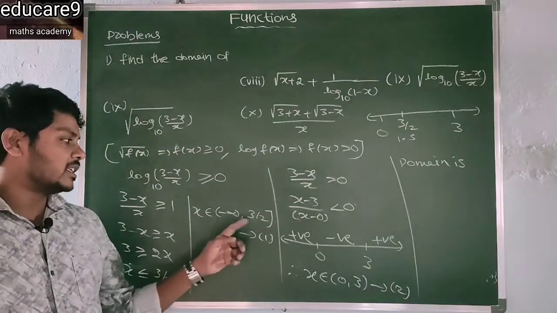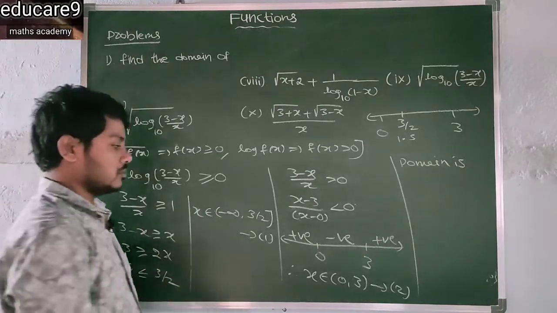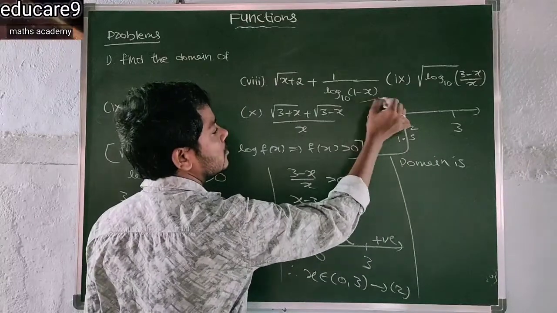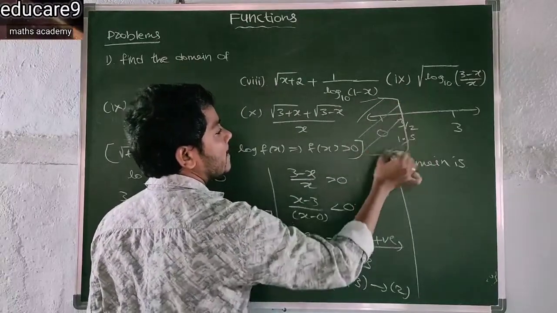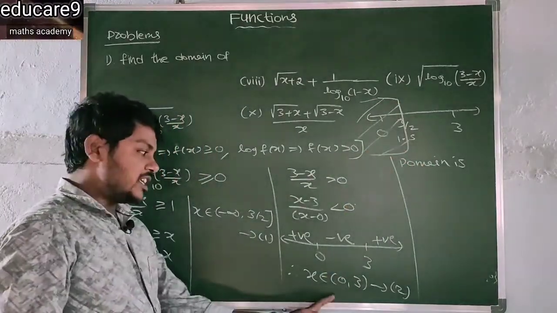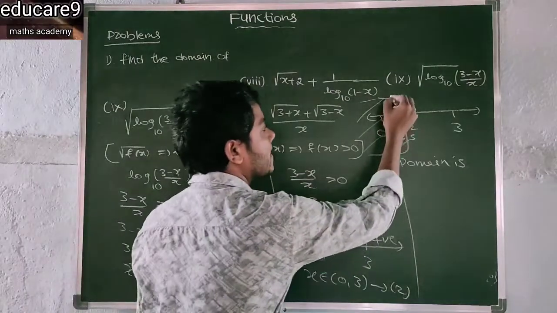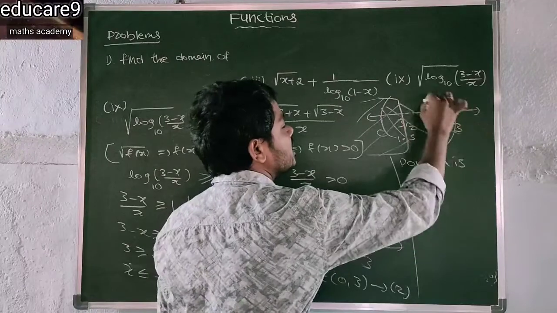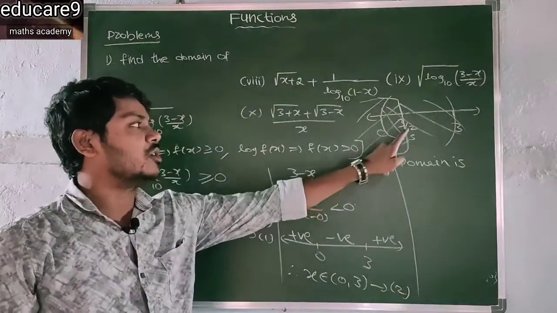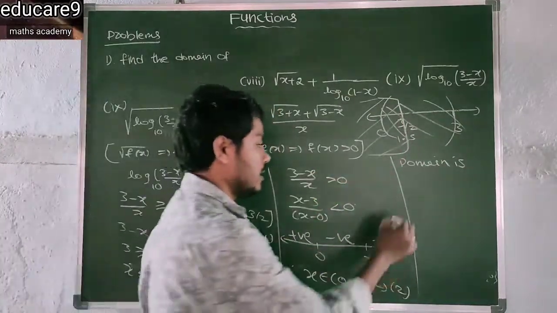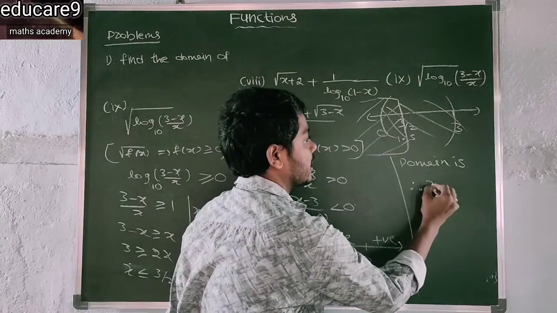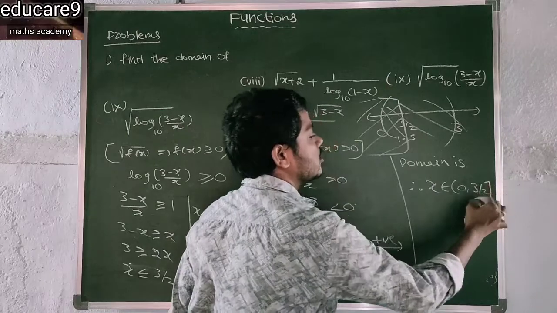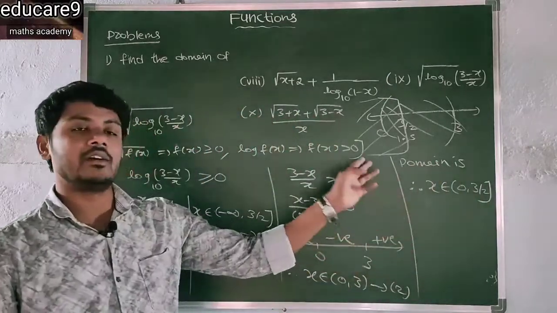Now here, minus infinity comma 3 by 2. Next one, 0 comma 3. So clearly what is the intersection part? 0 to 3 by 2. Therefore the domain is x belongs to the open interval 0 comma 3 by 2 closed. This is the domain of the given function.